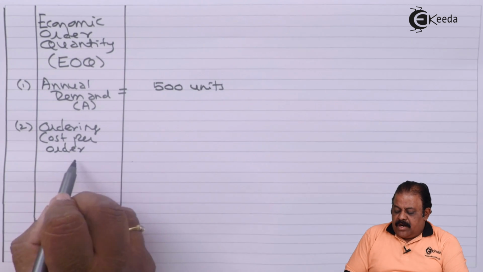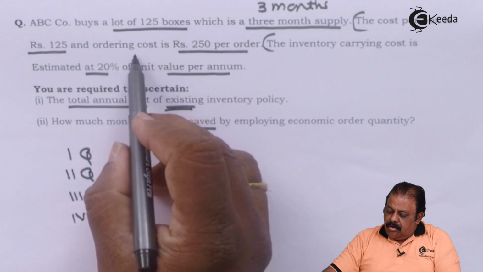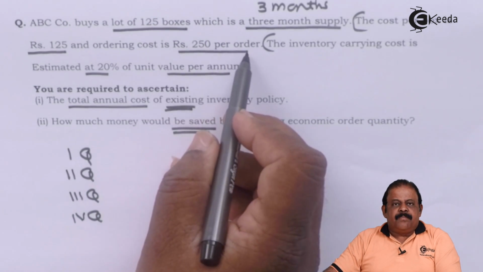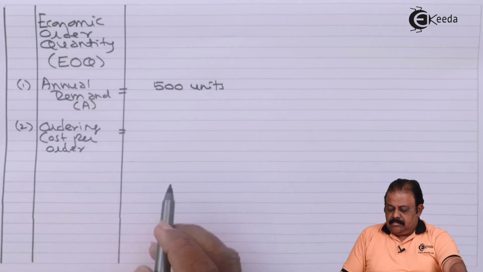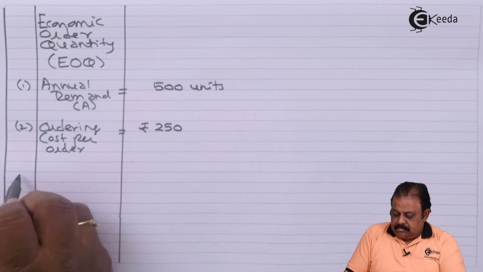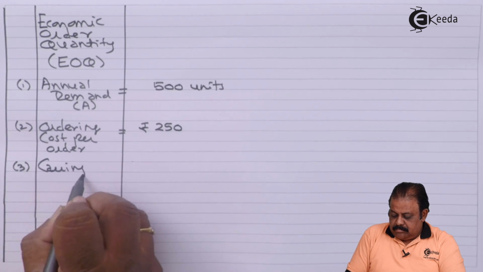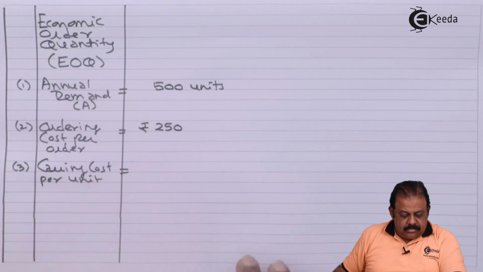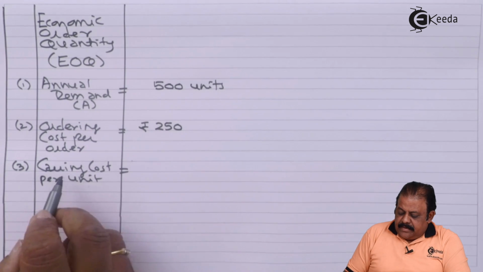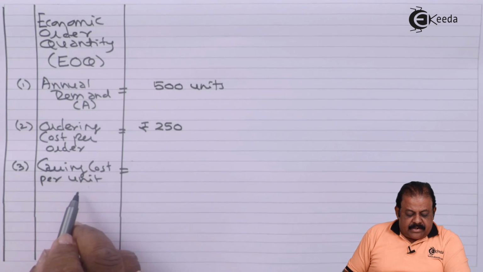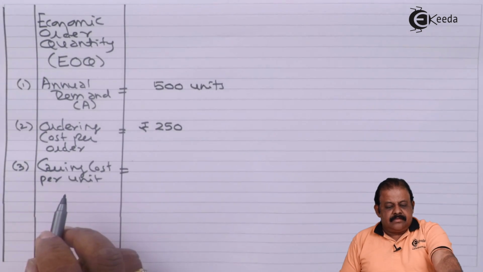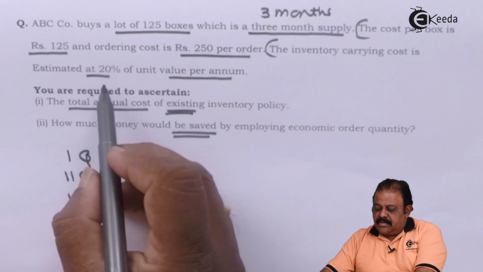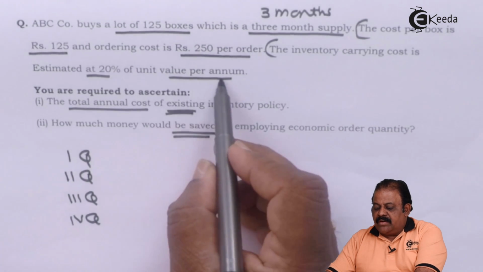Ordering cost is rupees 250 per order. Next is carrying cost per unit. It is given 20% of unit value per annum.